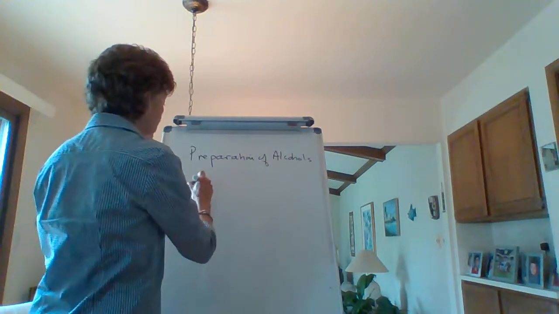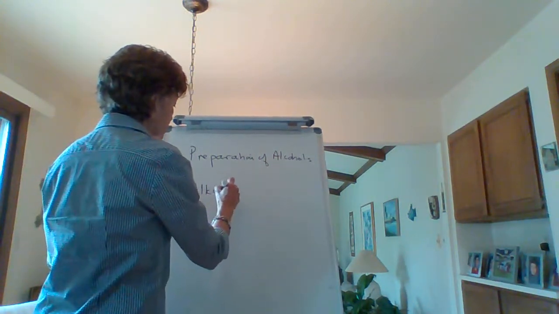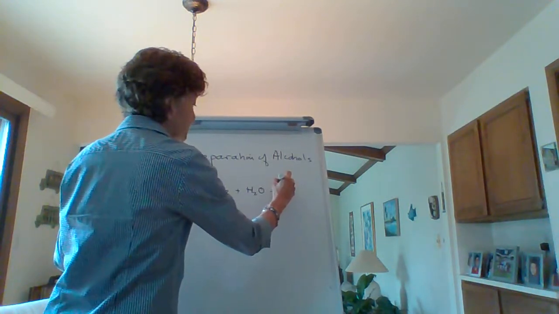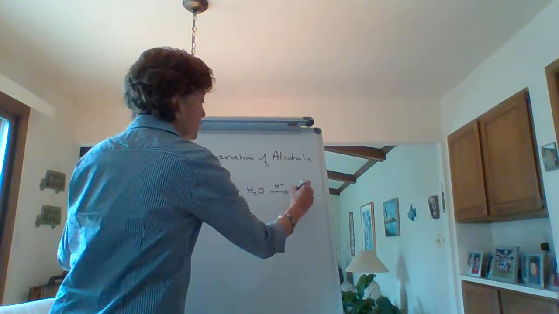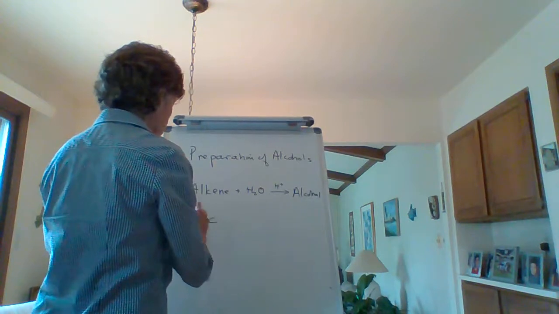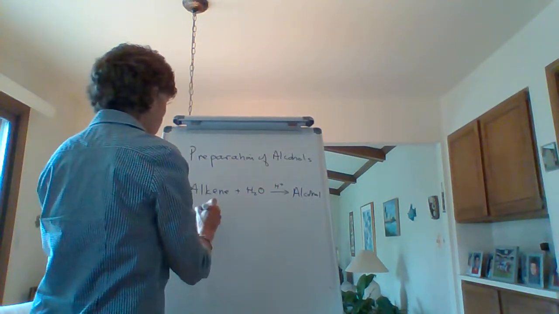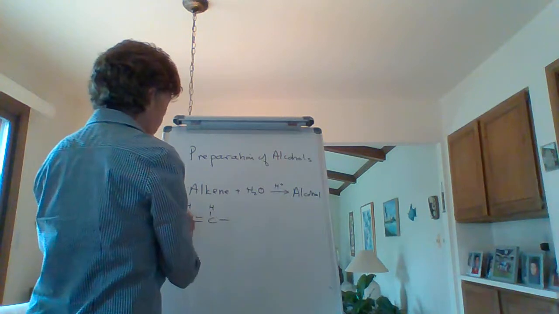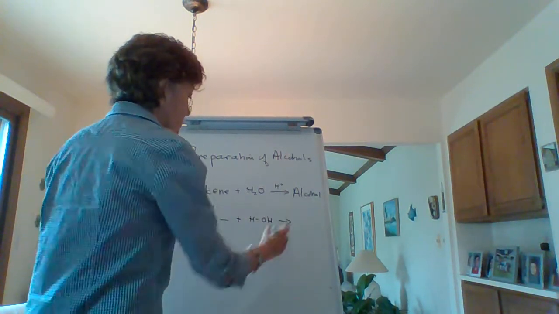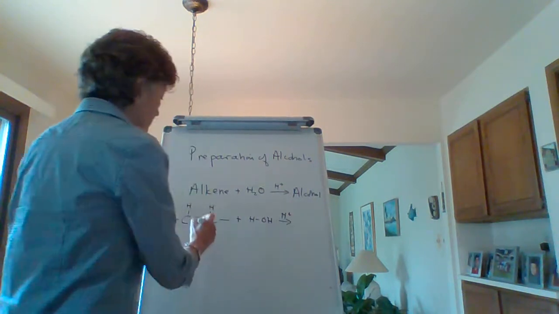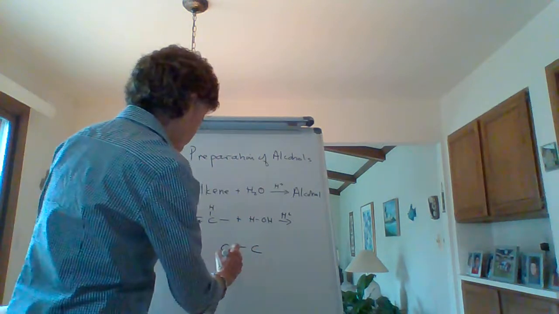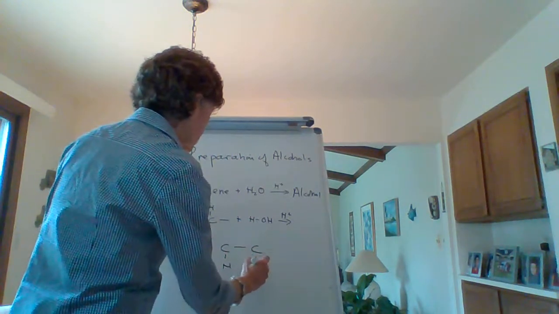You start off with an alkene, you add water, you add an acid catalyst, and you end up with an alcohol. So something like this. Then you add the HOH, acid catalyst, the double bond is broken, and you end up with HOH.